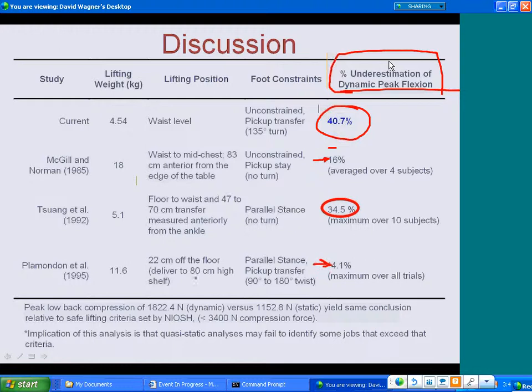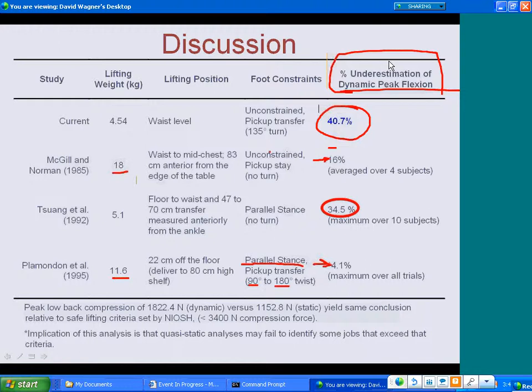due to the load weight, the constrained foot placement, where they force the person to stand in a parallel stance and twist from 90 degrees to 180 degrees, which may induce artificial moments, while our task was unconstrained and the individual was able to select their own personal way to perform the lift.